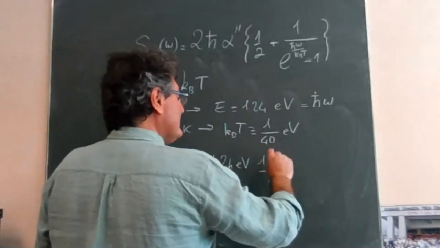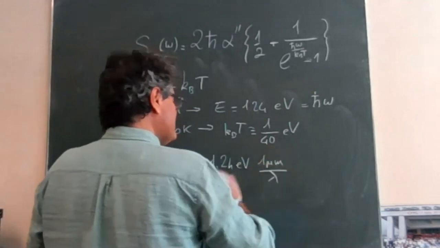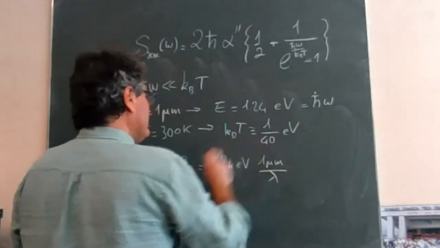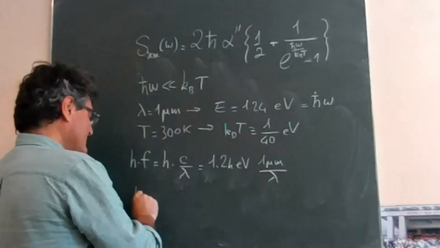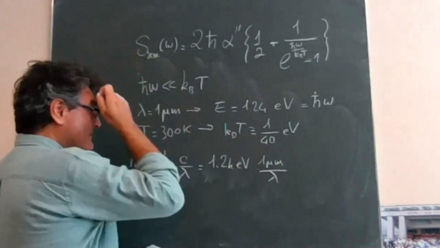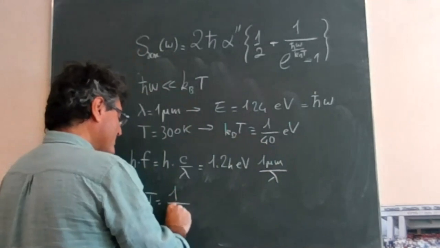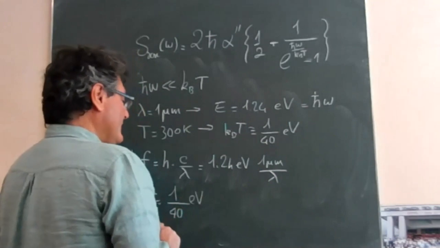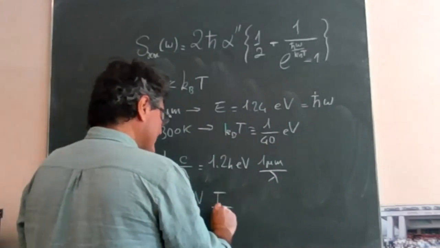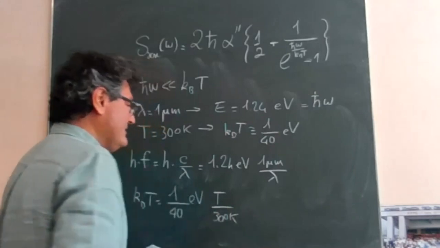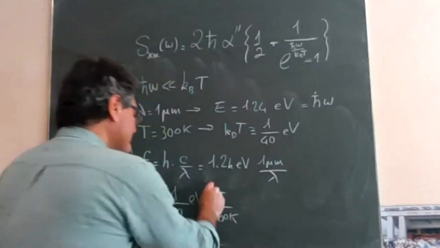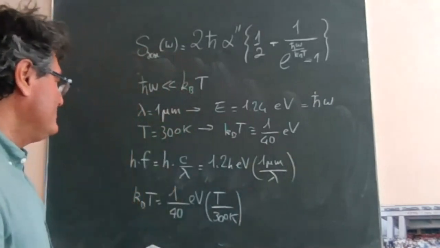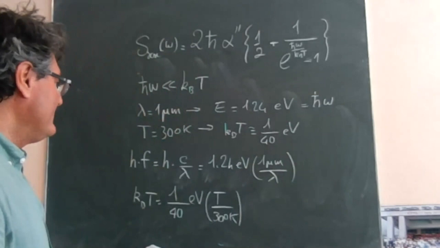And so the k_B T is 1 over 40 electron volts times temperature divided by 300 Kelvin. These are the two equations.